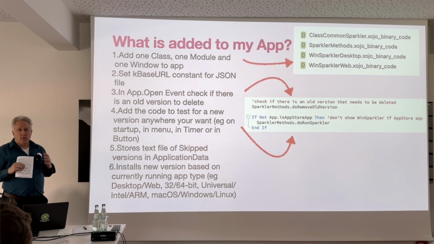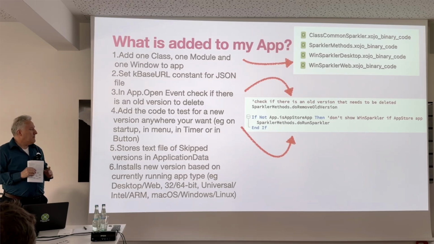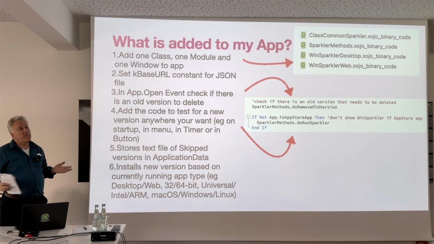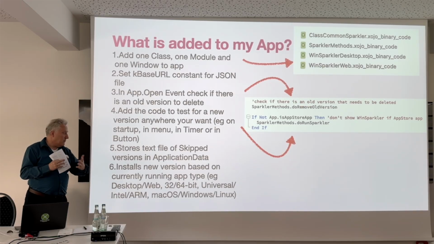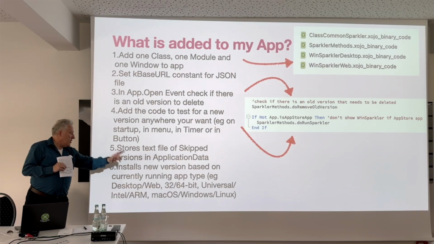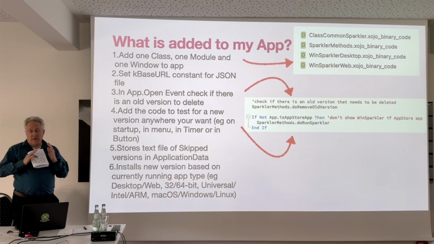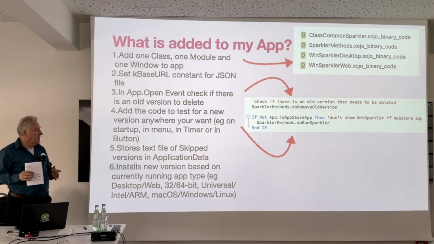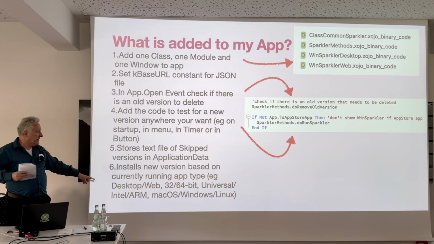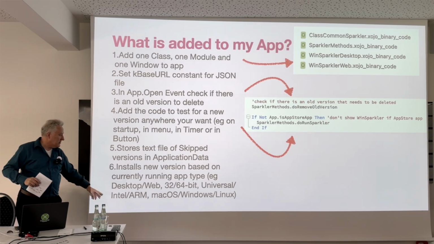So it will work out, am I a desktop or a web app? That's bleedingly obvious. Am I 32-bit or 64-bit? That's very easy, with the target commands. Am I universal, Intel or ARM is a bit harder to determine, but we've now worked out how that is, and there are the methods in there to determine that.